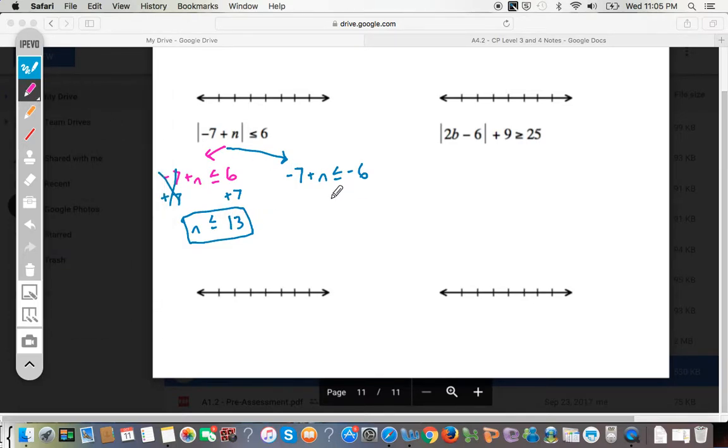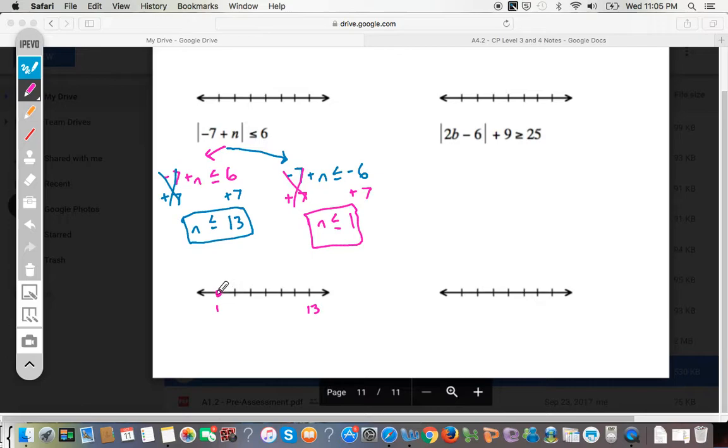Okay, so now I'll solve this one. Again, I'll add 7 on both sides. These cancel. So I have n is less than or equal to -6 plus 7, which is 1. Okay, so let me graph these. So n is less than or equal to 1. So how about I put a 1 right here, I'll put a 13 down here.